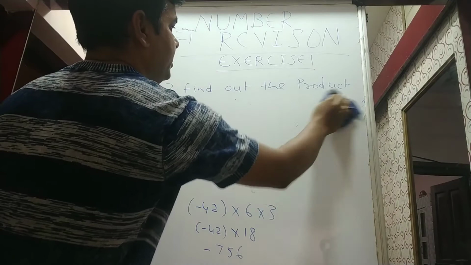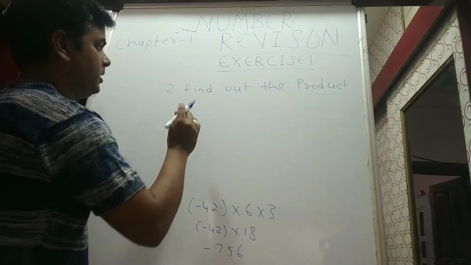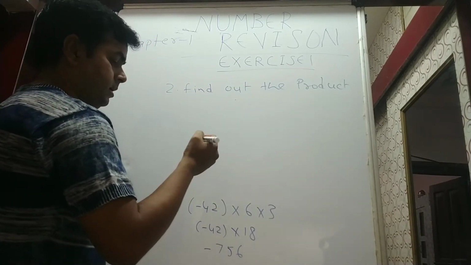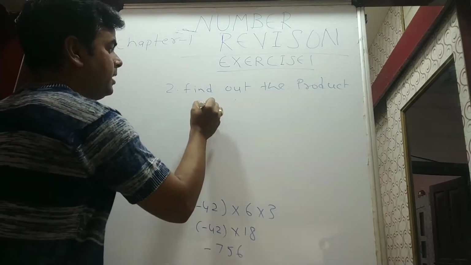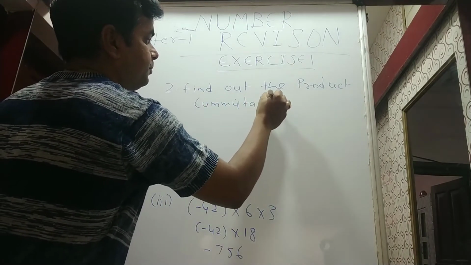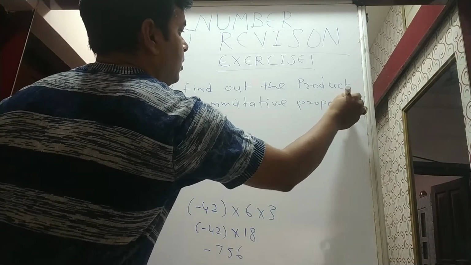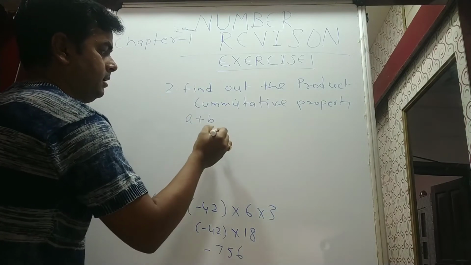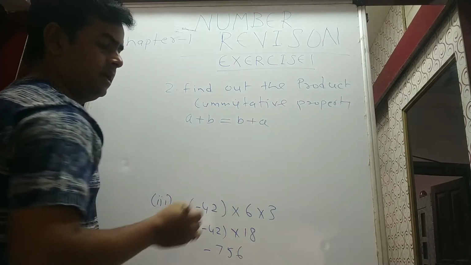Like this associative property, there is one more property. Basically, there are a few more properties which I'll tell you as and when required. Before the associative property, there is one more property called the commutative property. That is, if a plus b, we can write b plus a also.